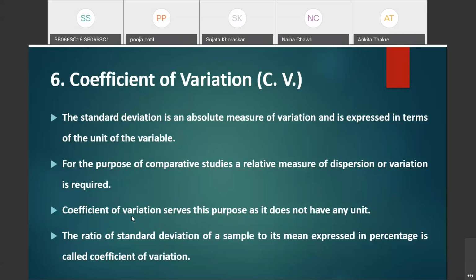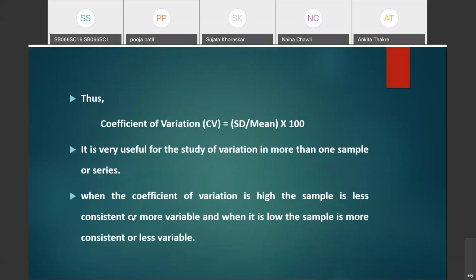How is it calculated? The ratio of the standard deviation of a sample to its mean, expressed in percentage, is called the coefficient of variation. Coefficient of variation, CV, is equal to standard deviation divided by mean, multiplied by 100.